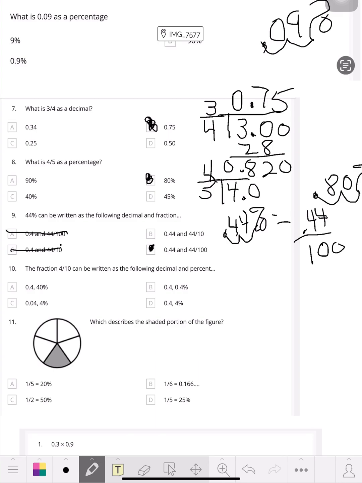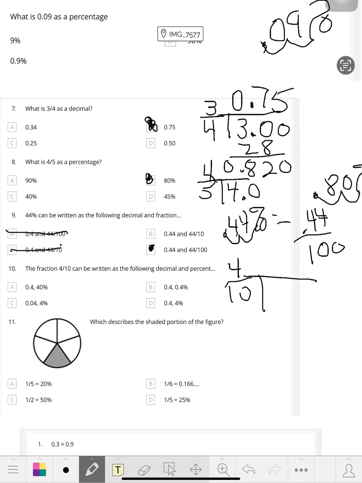Okay, the fraction 4/10 can be written as the following: a decimal and a percent. So now we know 4/10. We want to write it as a decimal. Okay, so how do we do that?